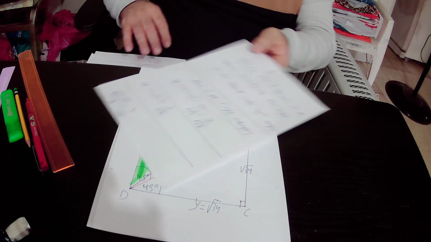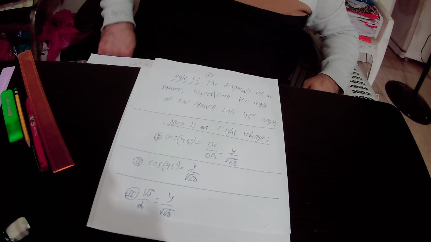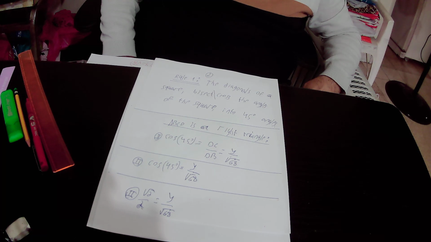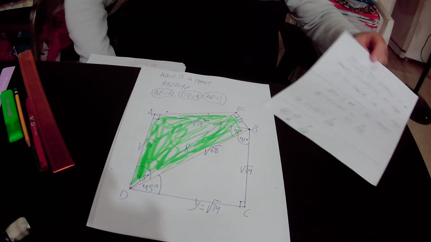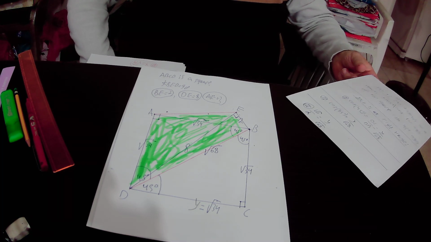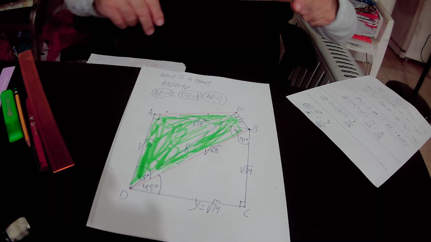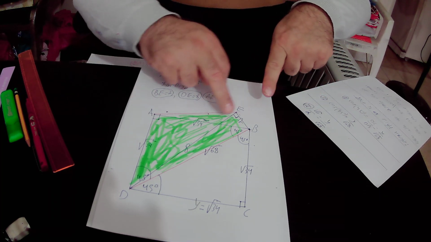According to rule number 1, the diagonals of a square bisect, or cross, the angles of the square into 45 degrees. So we can implement rule number 1 in our drawing, because in our drawing we have square ABCD and the diagonal BD.